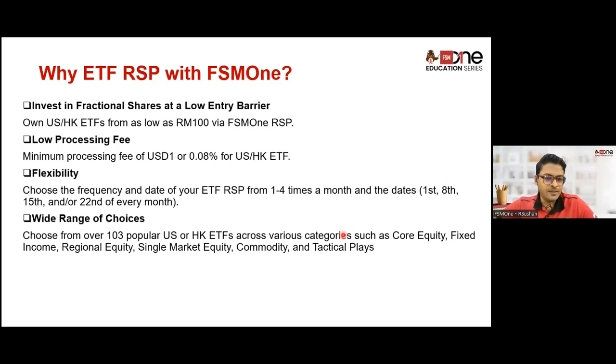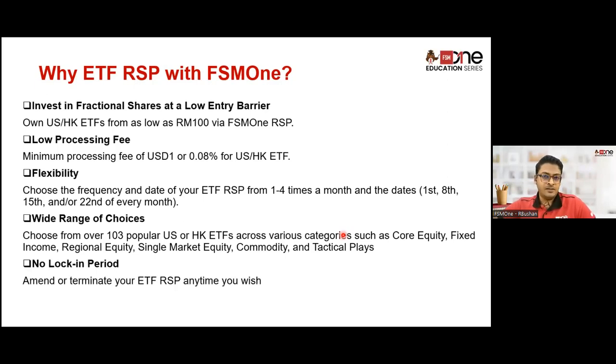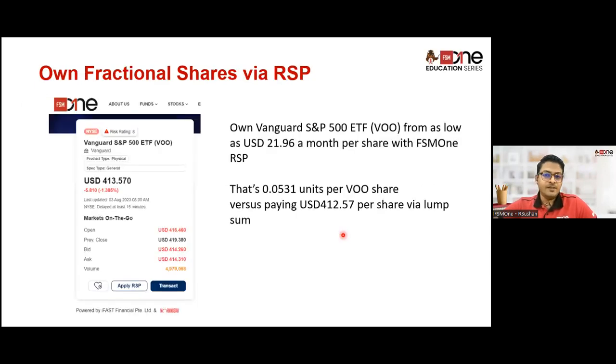I think the numbers have increased a bit now. It's more than 103 ETFs listed in the US and Hong Kong markets. Okay, and then there's no lock-in period. Anytime you think this doesn't work for you, you can terminate the ETF RSP contract.